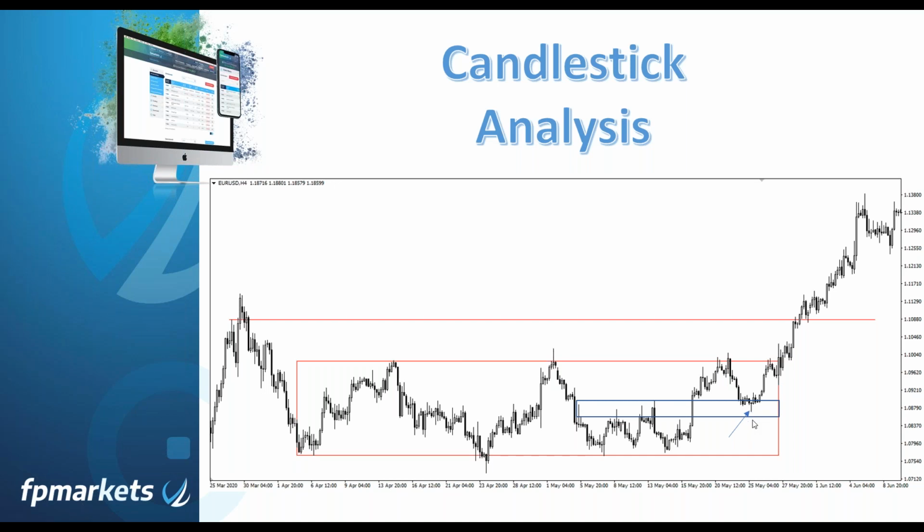Some traders take it even a little further and look for additional structure below here to place the stop. This is fine if you're looking for a big move, but if you're looking for a small intraday move up to say here, you have to consider your risk reward.